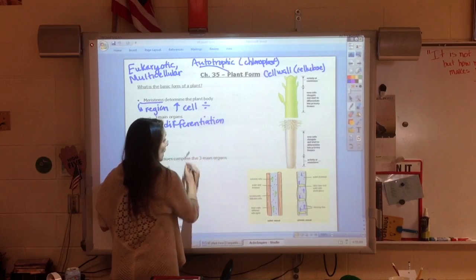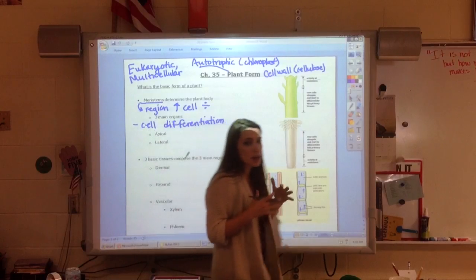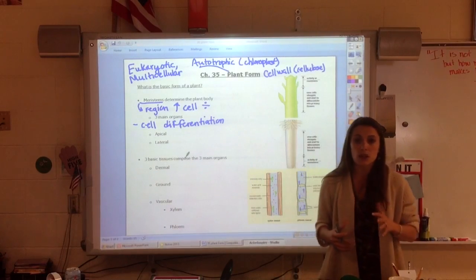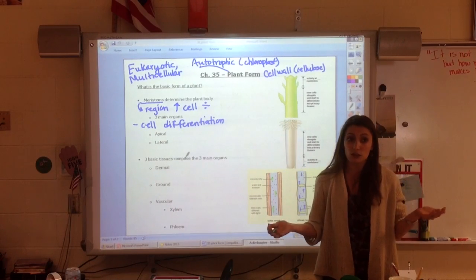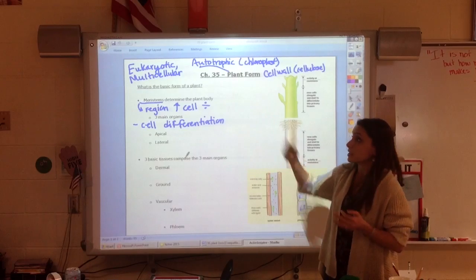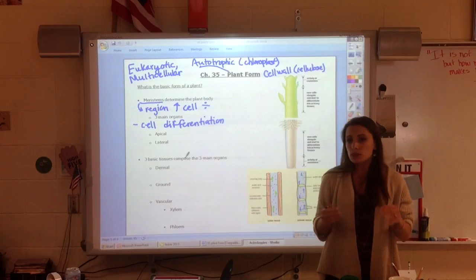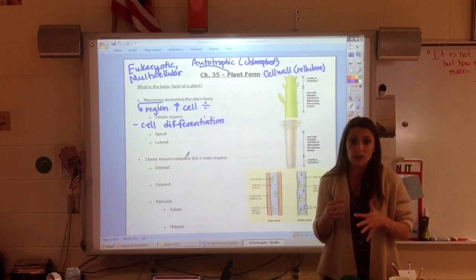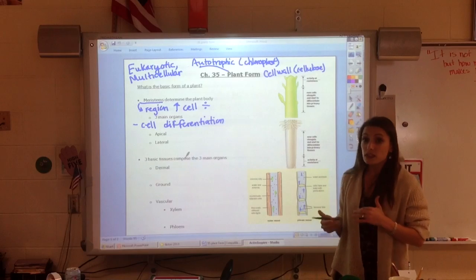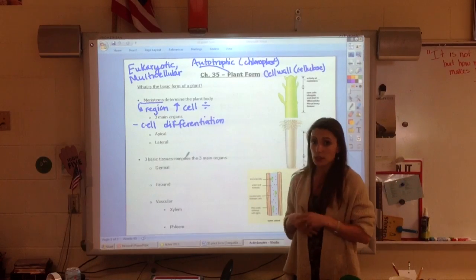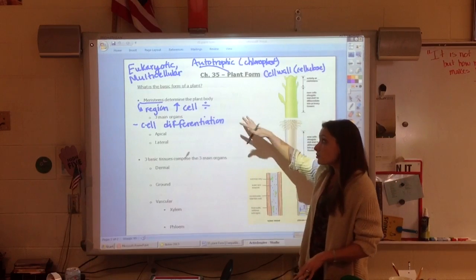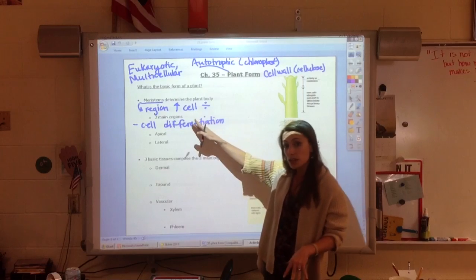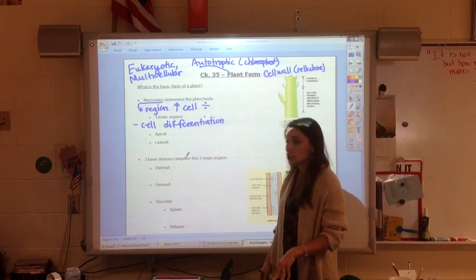The idea is that a plant is not just a collection of cells. Green algae appear to be multicellular, but those cells don't collaborate, they don't work together, and they're not differentiated. All of those cells are the same. So a true determination of a true plant is that we do have cell differentiation.